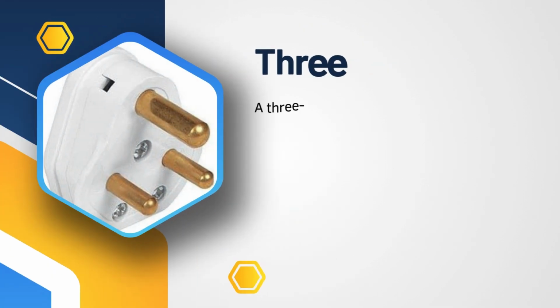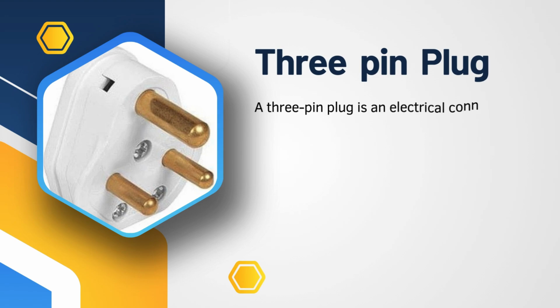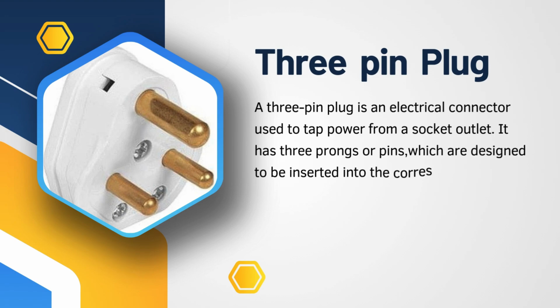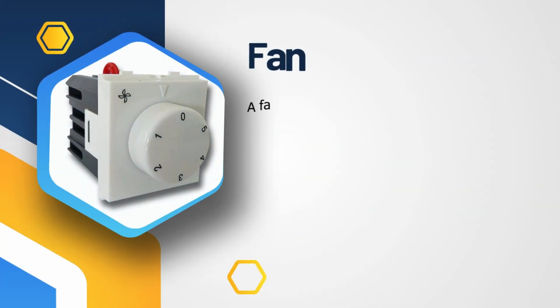Then we have the 3-pin plug. A 3-pin plug is an electrical connector used to tap power from the socket outlet. It has 3 prongs or pins, which are designed to be inserted into the corresponding holes of a 3-pin socket outlet. Next is the fan regulator.